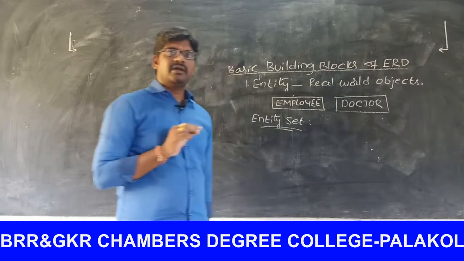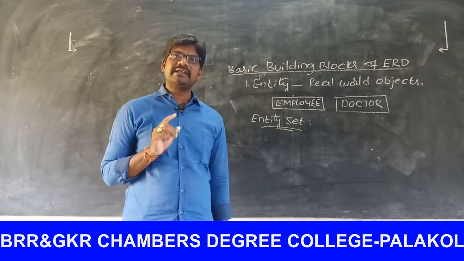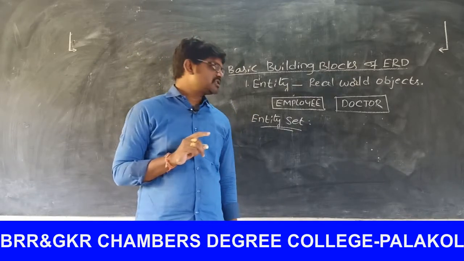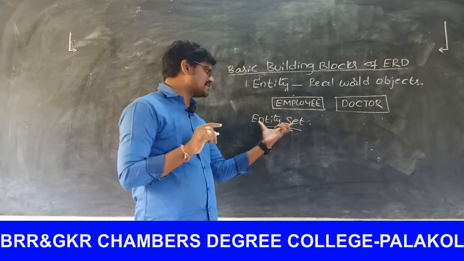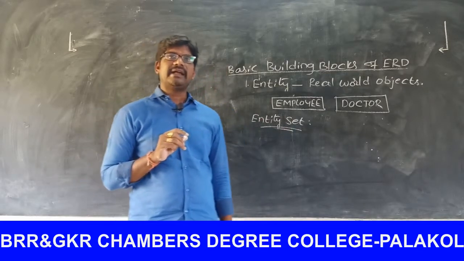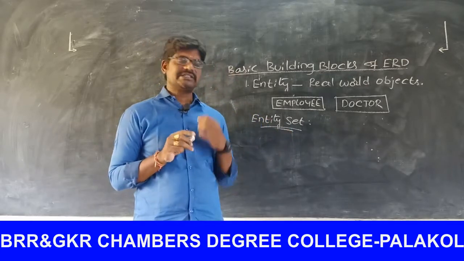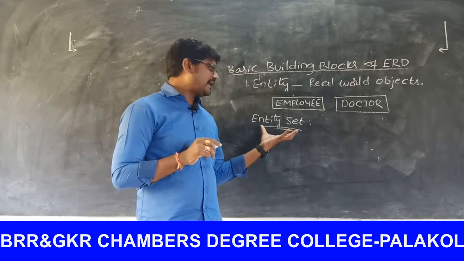For example, when I am taking student entity, it contains the student information. All the set of students, we call it as an entity set. It may contain entities with attributes sharing similar values. It can share the similar values of data.